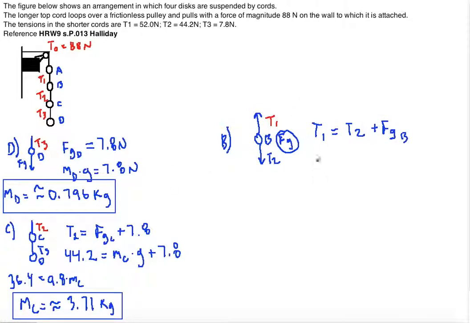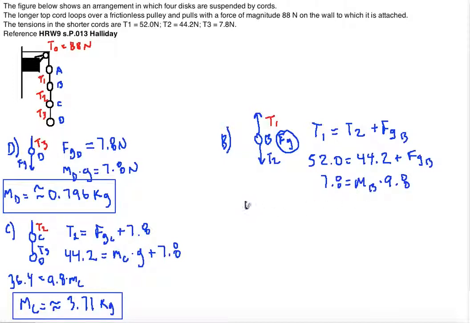Plugging in values, 52.0 is equal to 44.2 plus FgB. Subtracting, 7.8 is equal to the mass of B times 9.8.